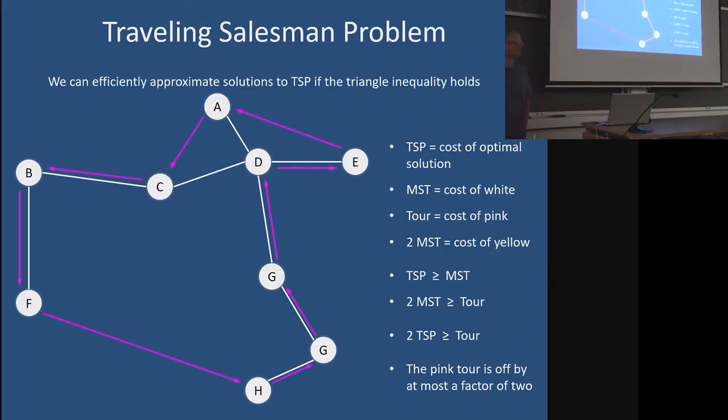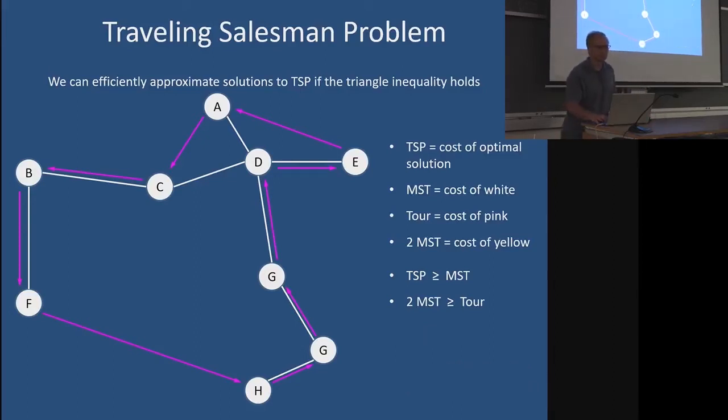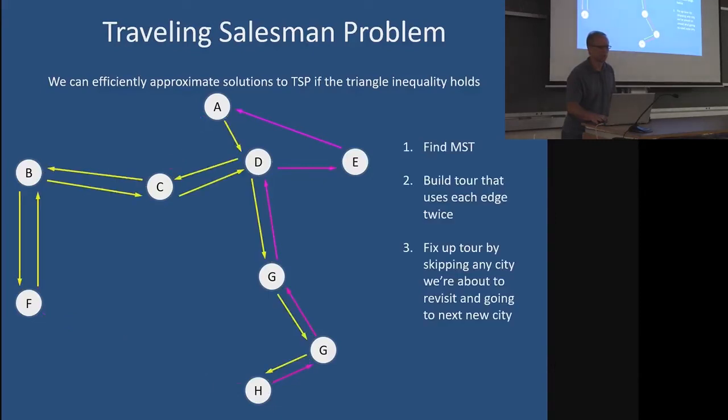Can you please explain the 2 MST is greater or equal to tour again? This here? Yes. Okay. So 2 MST is greater than tour. So what's MST up here? Okay, it's the white. So let's back up to where I have the yellow on here. The first thing I observe is that the yellow tour is equal to 2 MST, right?